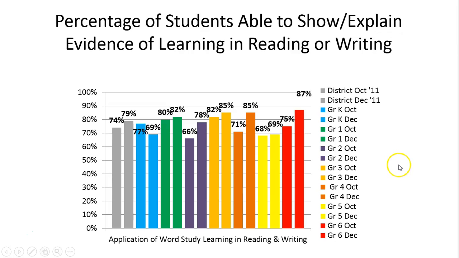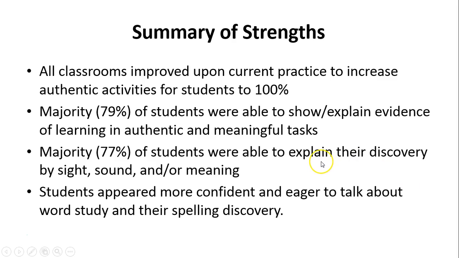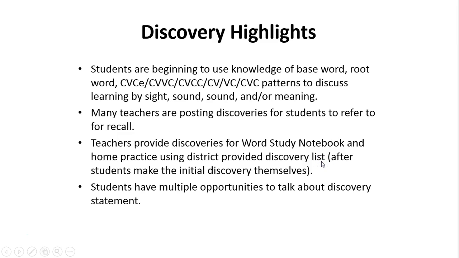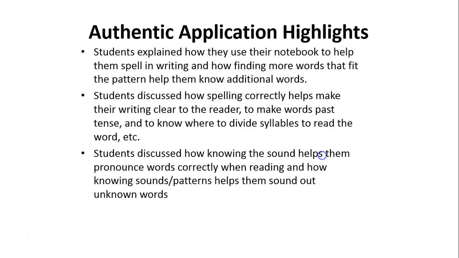And then students being able to show their learning. Again, we saw some improvements in a few months, but that was something we kept revisiting with our teachers over time, and you compare that. Then we summarized the strengths. We highlighted authentic activities for the teachers, what things were working well with students being able to explain their discovery, or what we call their learning.